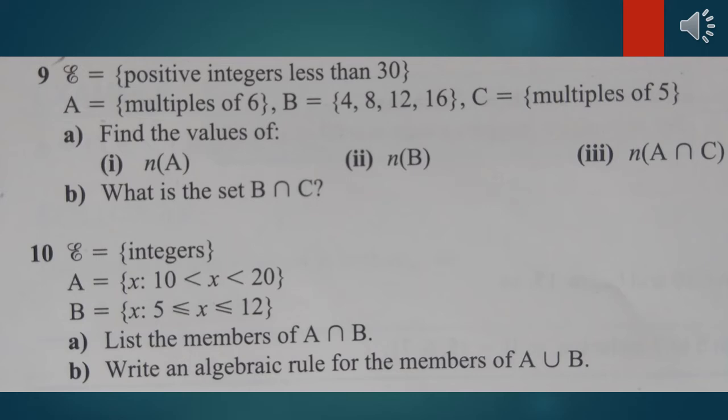Third part, what are the numbers that belong to A and C? That is A intersection C. The multiples of 5 are 5, 10, 15, 20, 25 and 30. 30 is not going to be taken because the universal set is less than 30, so you can't include 30.